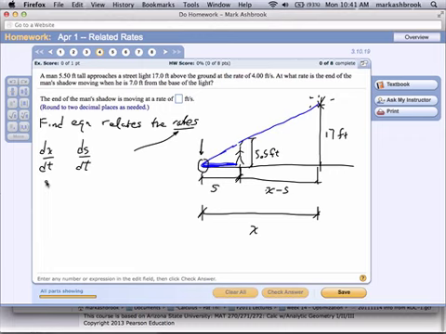So what quantity is associated with dx dt? X. What quantity is associated with ds dt? S. Okay, and then we want a relationship of those quantities. If we can get a relationship with those quantities, then we can get a relationship with the rates.